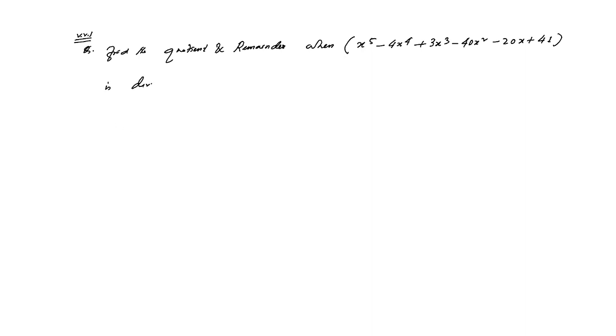Find the quotient and remainder when x to the power 5 minus 4x to the power 4 plus 3x cube minus 40x square minus 20x plus 41 is divided by x minus 5.